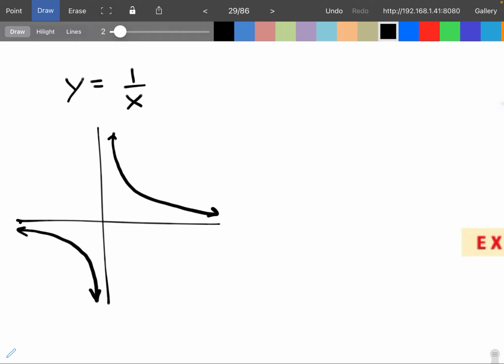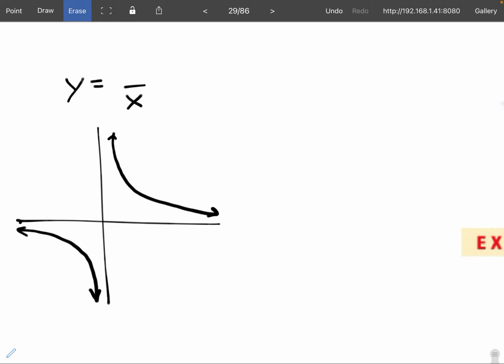It looked like that. So we're going to do some transformations of that basic graph. A couple points to point out: it still has the same shape even if you change the number on top, if you made it a 3 or something, it's still going to have that same basic shape.